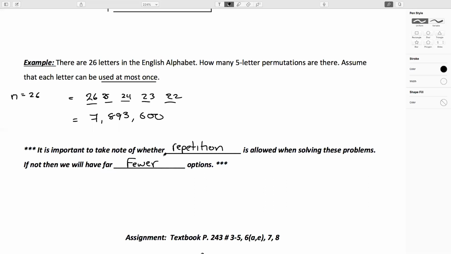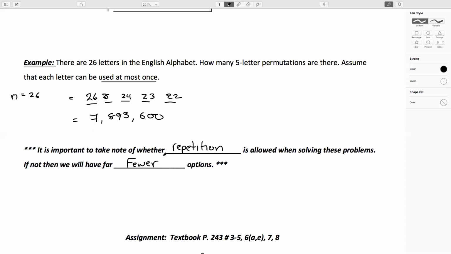So today we reviewed what the fundamental counting principle was all about. We talked about when we can use it and when we can't use it, and some other options like tree diagrams or Venn diagrams. We then talked about what a factorial is and where to find it on your calculator. It's in the math menu. We did some algebra with factorials, and we used factorials and the fundamental counting principle to talk about a permutation.